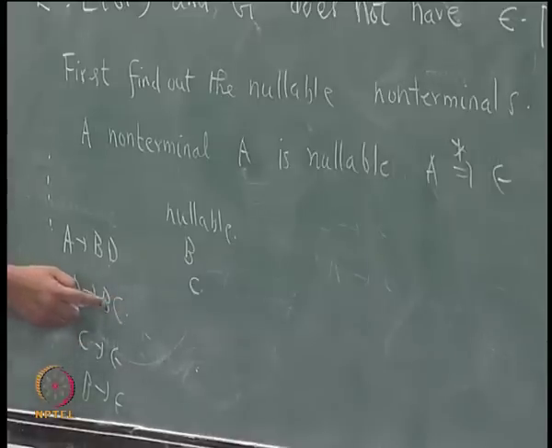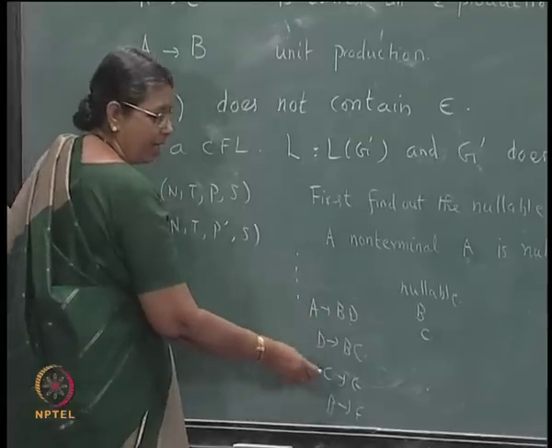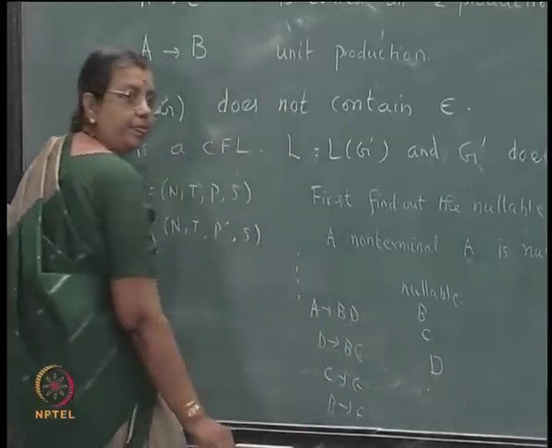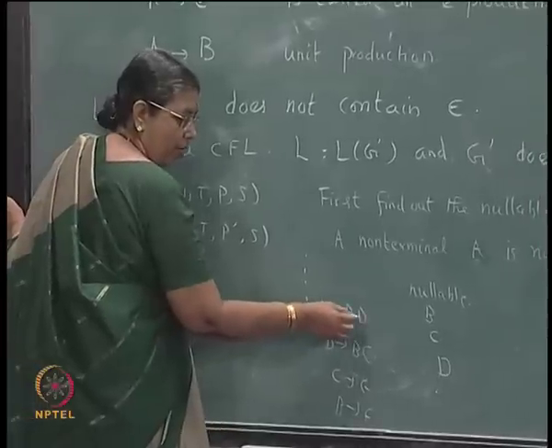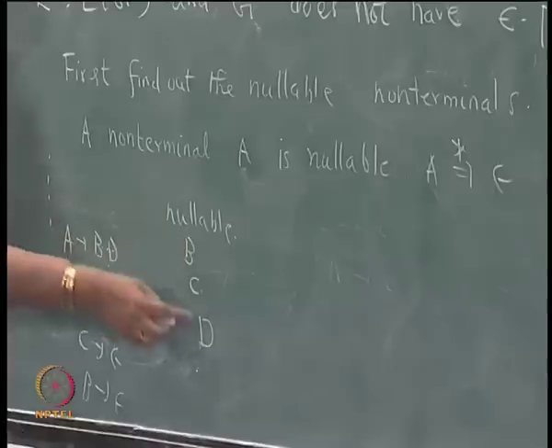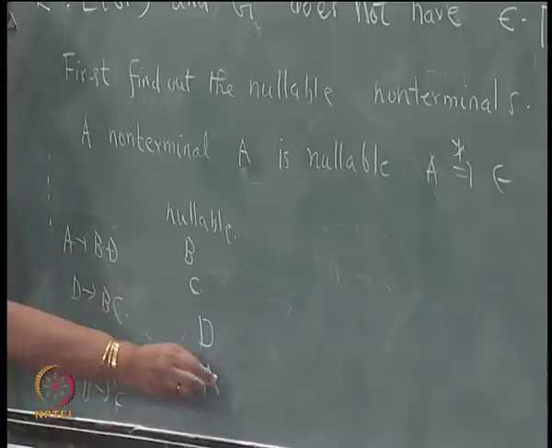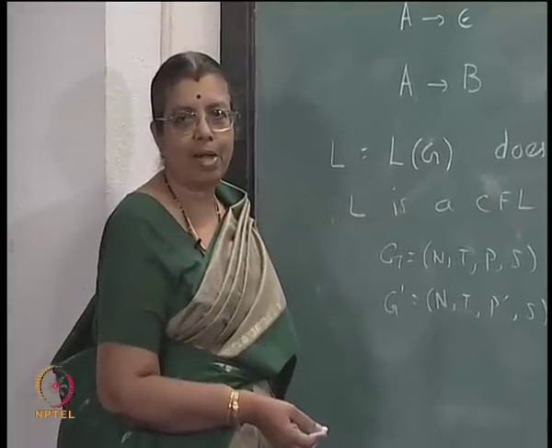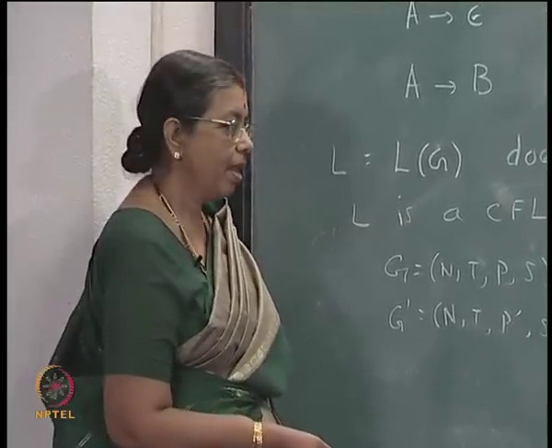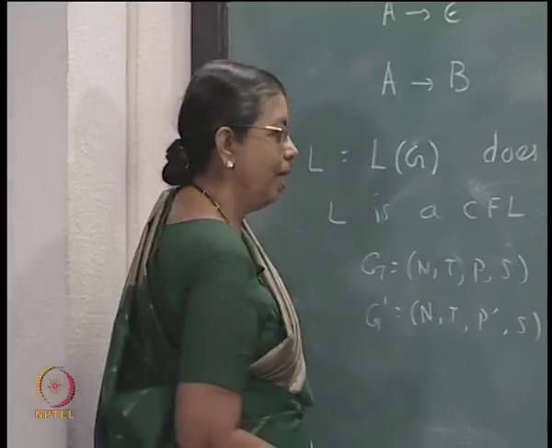From D you can derive BC, and from B and C again you can derive epsilon. So, from D you can derive epsilon, and you will be adding D to this. Now, again look at the rule A goes to BD: B and D are already occurring here. So, from B and D it is possible to derive epsilon, and from A also it is possible to derive epsilon. So, you have A. Keep on doing this until no more symbols are added. The procedure will ultimately stop anyway. So, first find out all the nullable non-terminals.